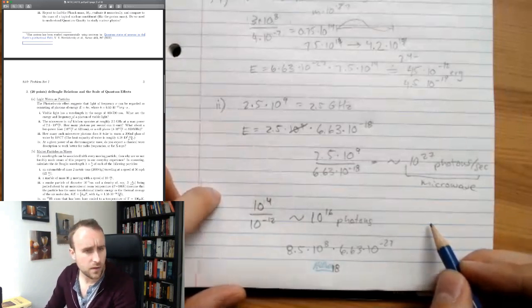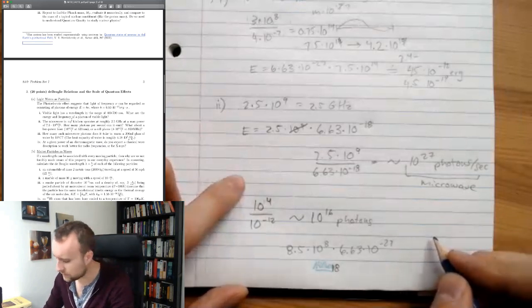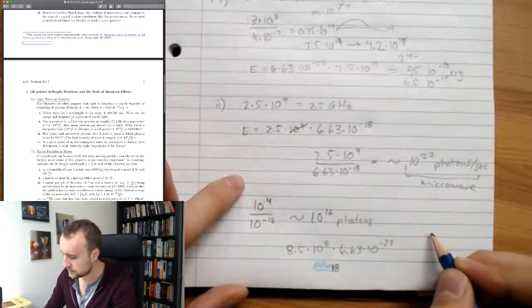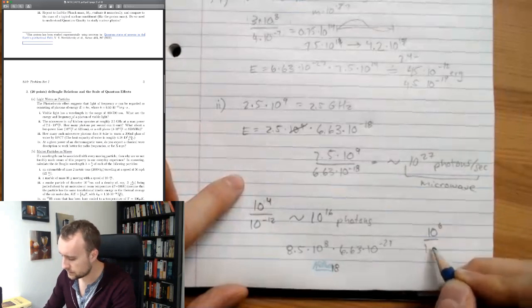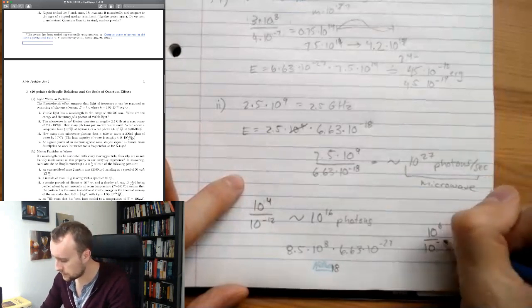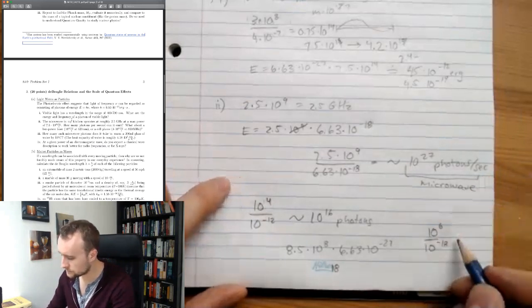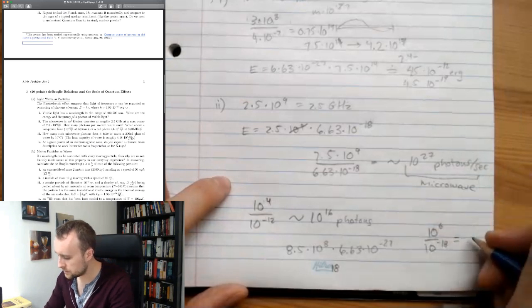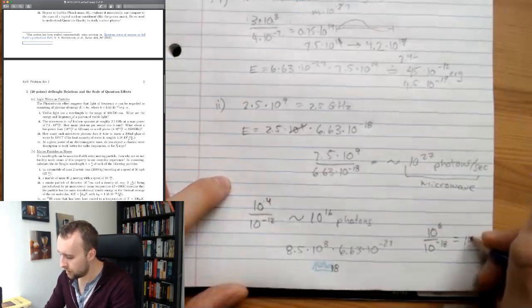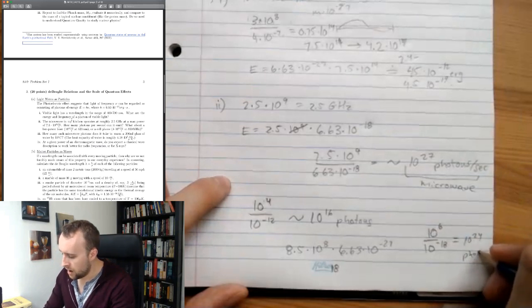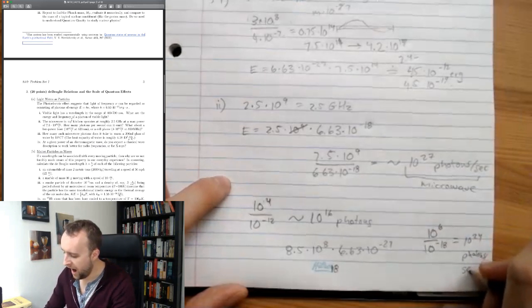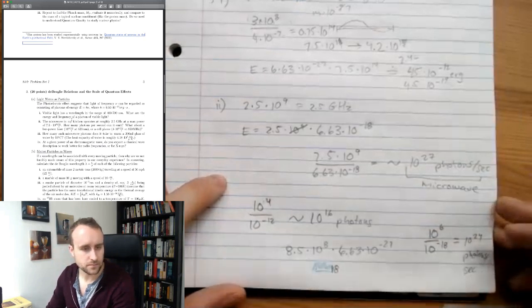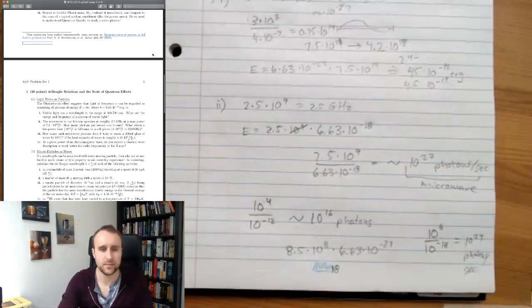And then where are we here? What's the amount it's suggesting? 4 times 10 to the 6. So let's say it's 10 to the 6 divided by 10 to the negative 18, is equal to 10 to the 24. So let's just look at these. I'm not going to be exactly right.